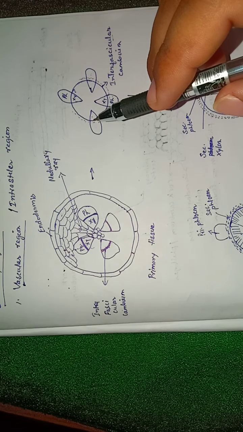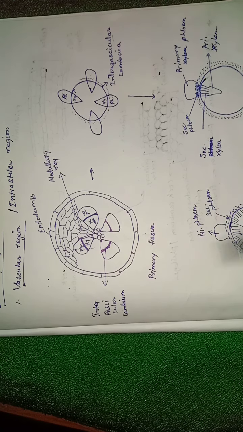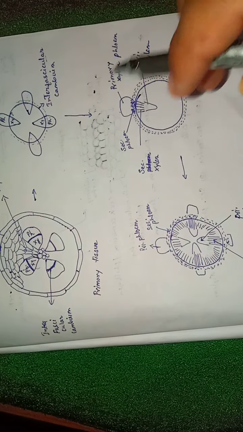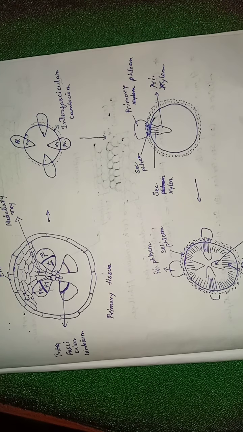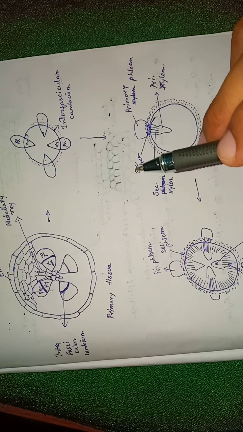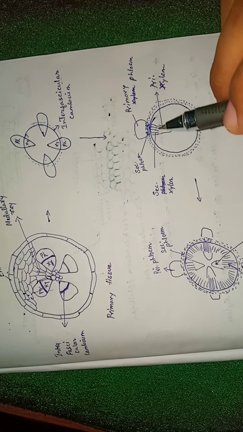This ring formed by the attachment of the medullary rays and the intrafascicular cambium is called the interfascicular cambium. The division of this cambium gives rise to secondary tissues, that is, secondary phloem on the outer side and secondary xylem on the inner side.